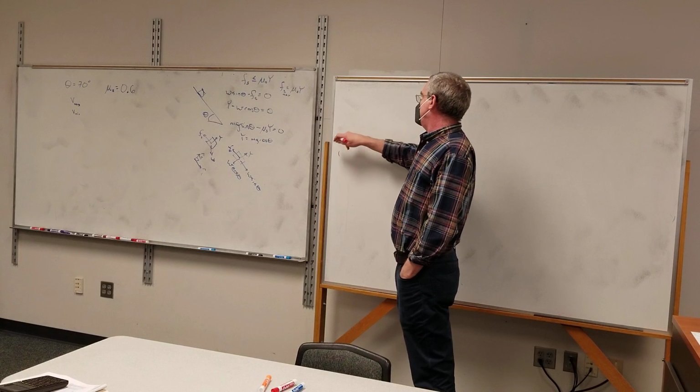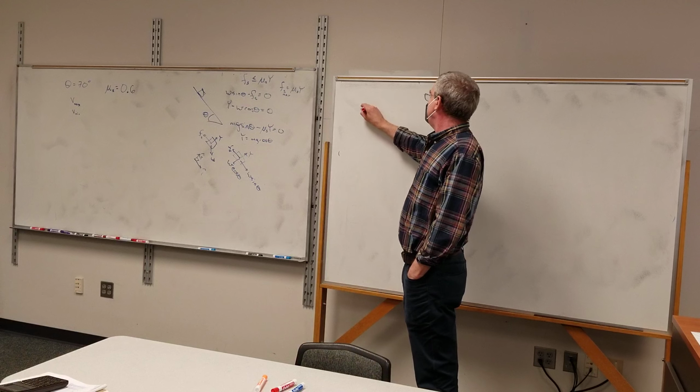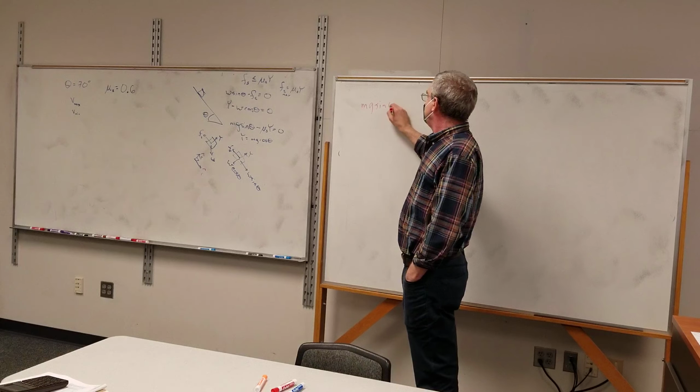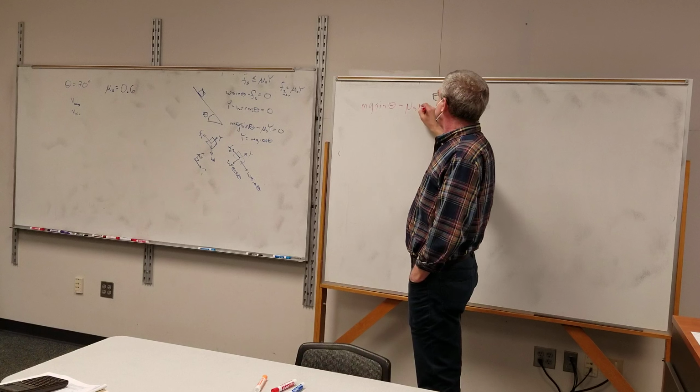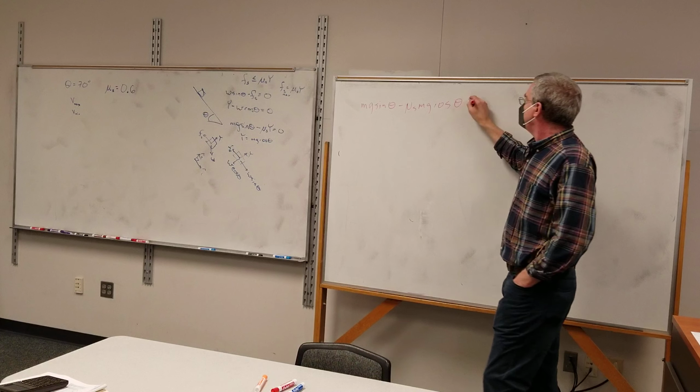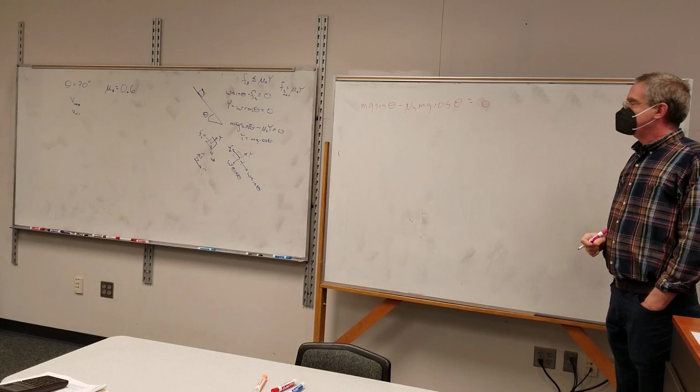So plugging the N value into the first equation, we get mg sine theta minus mu s mg cosine theta equals 0.